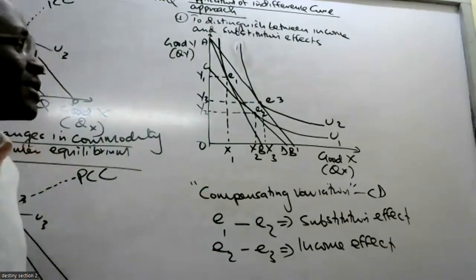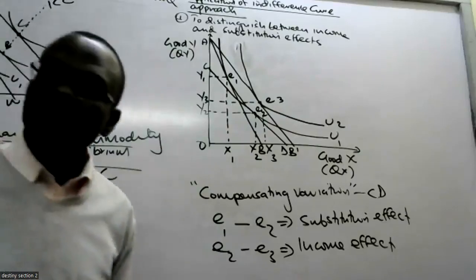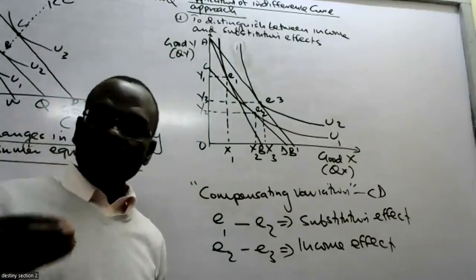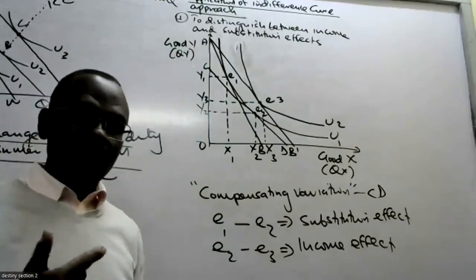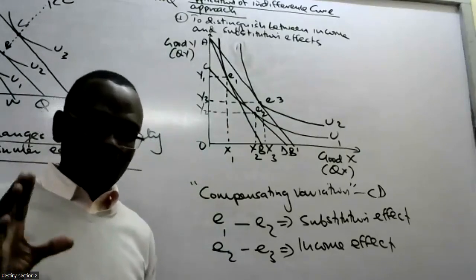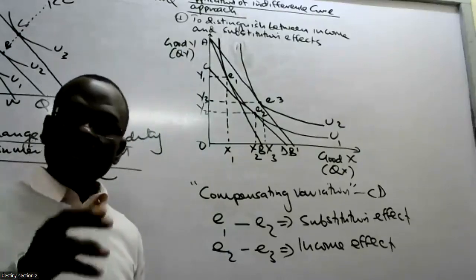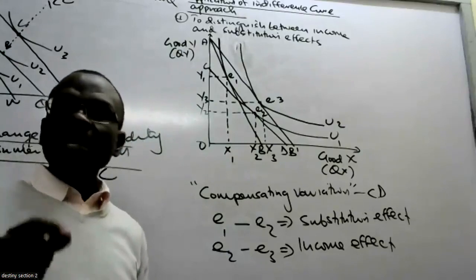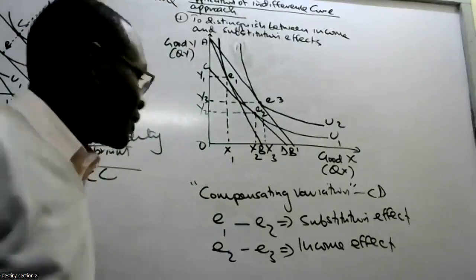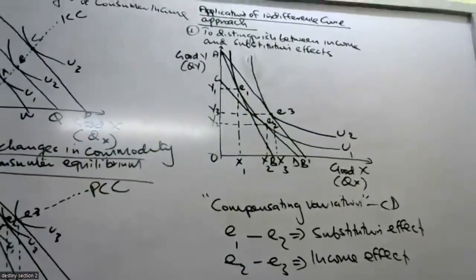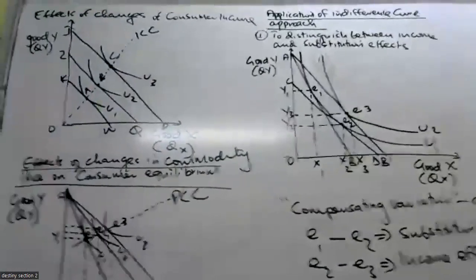Now, the substitution effects for all of the goods are the same. What distinguishes inferior and Giffen goods is the income effect. So the substitution effect will be positive for all of them. But for Giffen and inferior goods, the income effect is negative. So how do you show the negative income effect? So let's illustrate here.